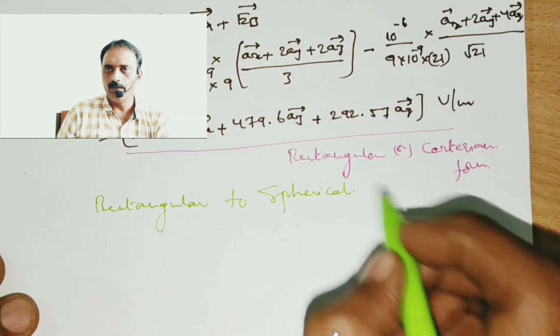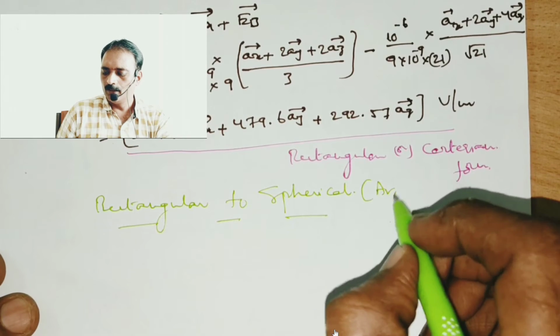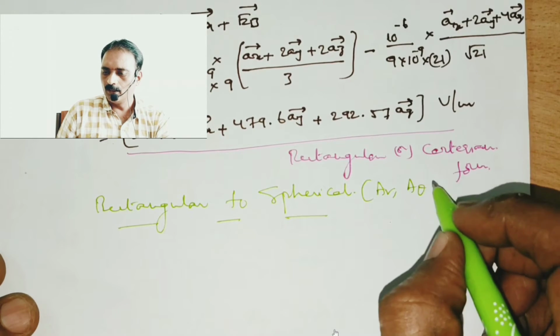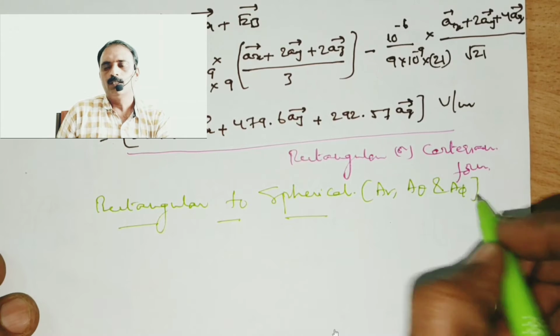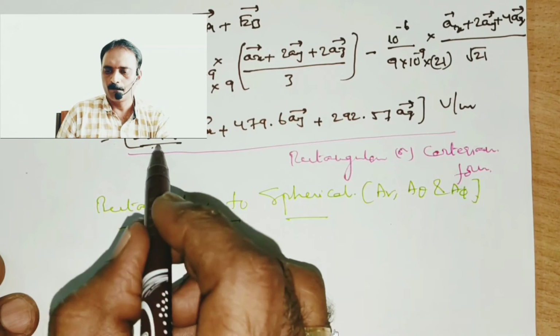That means we have to evaluate the magnitudes of Ar, A theta and A phi. These are the three magnitudes along the three coordinates in spherical coordinate system, r, theta and phi.